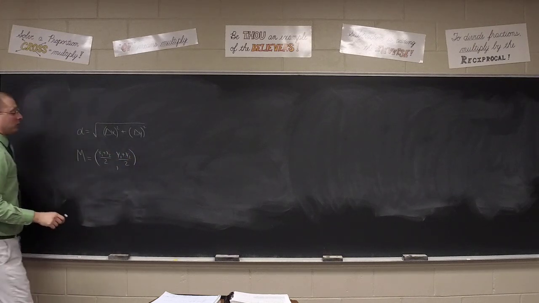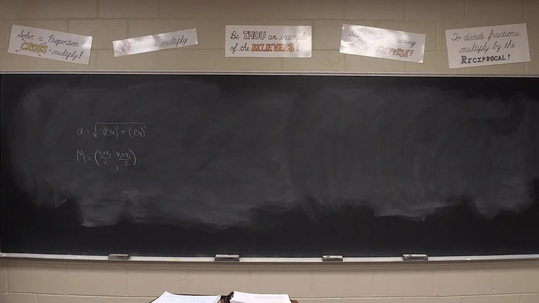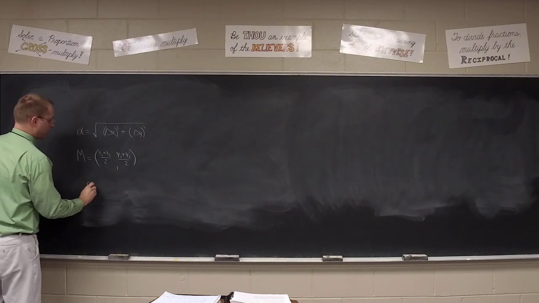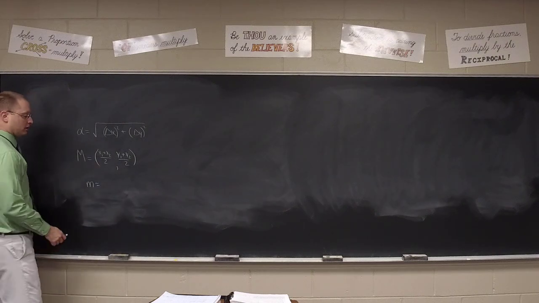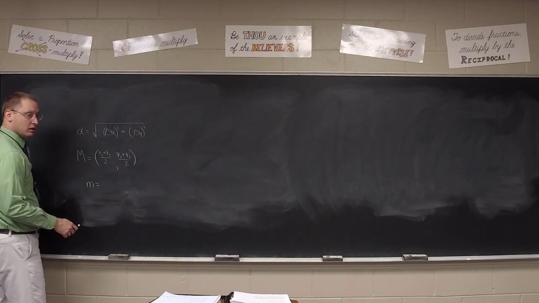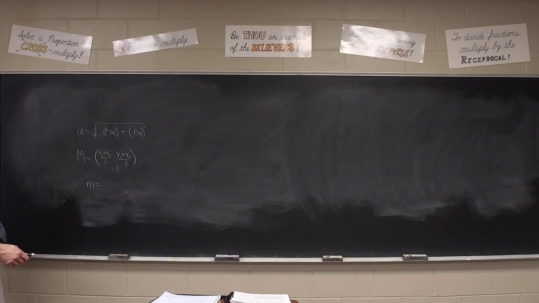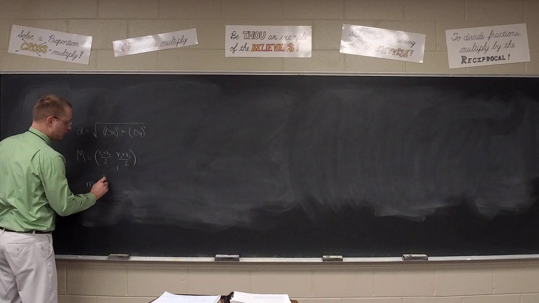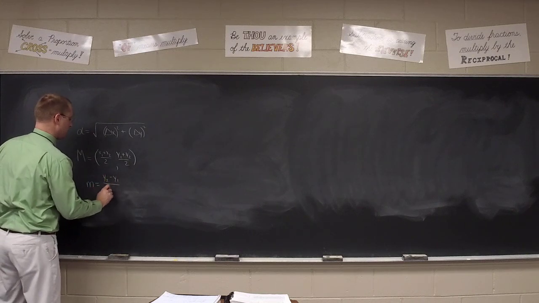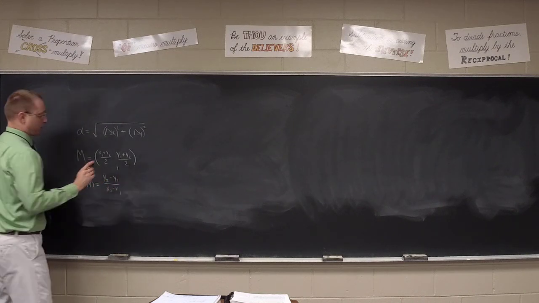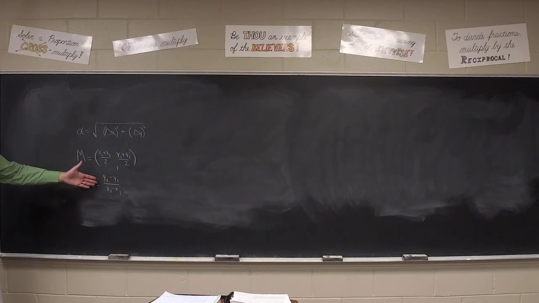There we go. The little m actually stands for not midpoint, but slope: y2 minus y1 over x2 minus x1. There we go. Change in y over change in x, or rise over run.